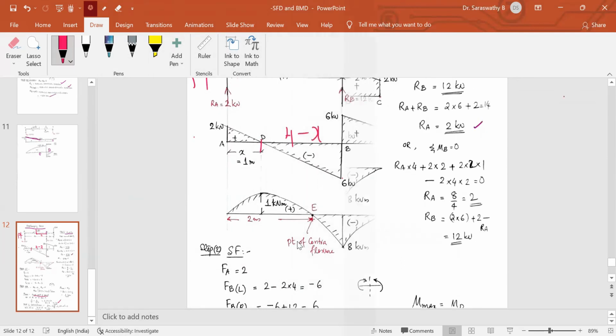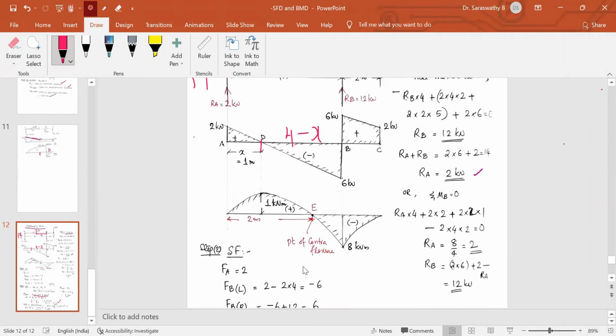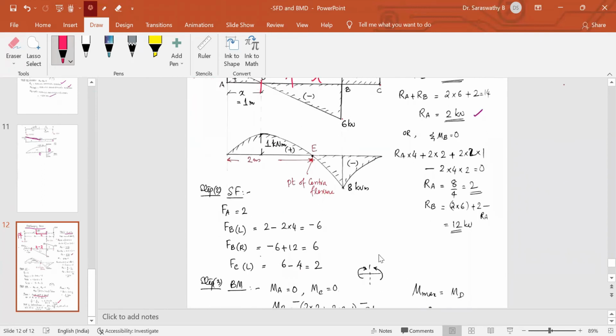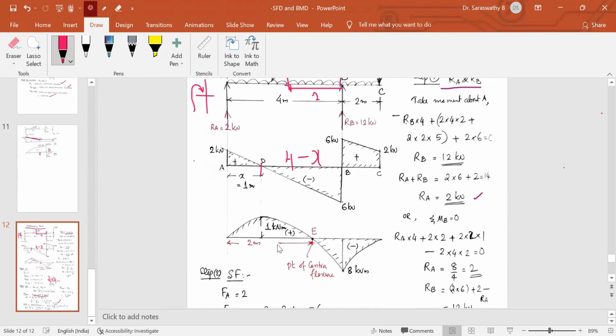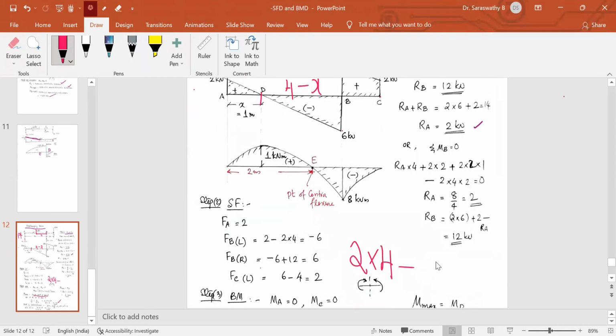So MB can be written as RA into 4, RA is 2, 2 into 4. I'll write it once again here. MB is equal to 2 into 4 clockwise minus this much load. 2 into 4, 8.